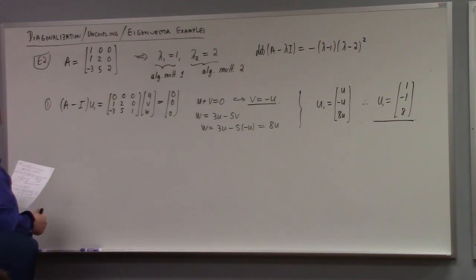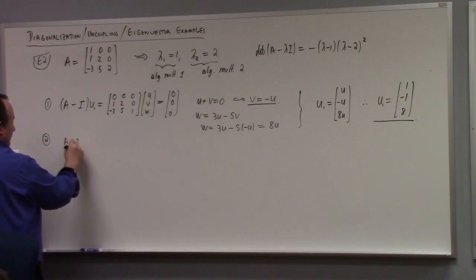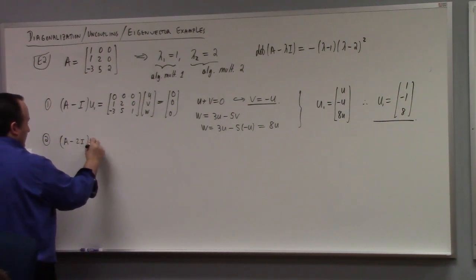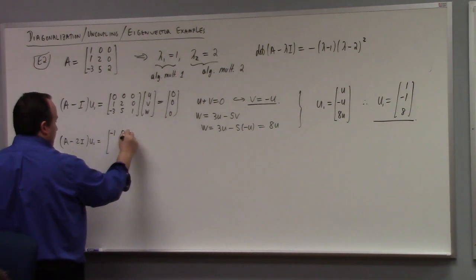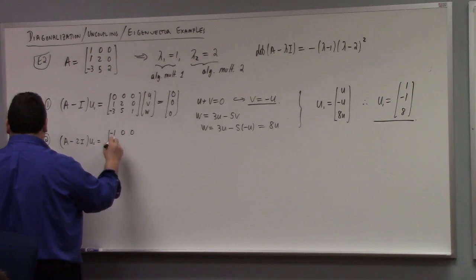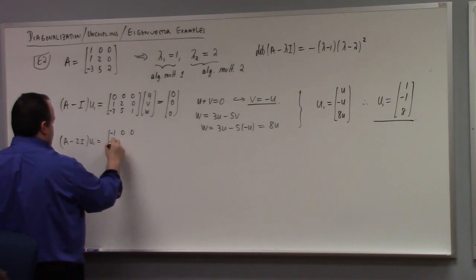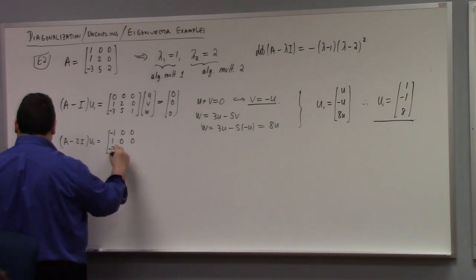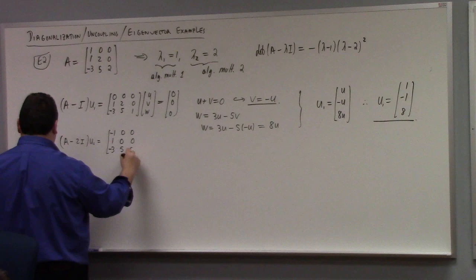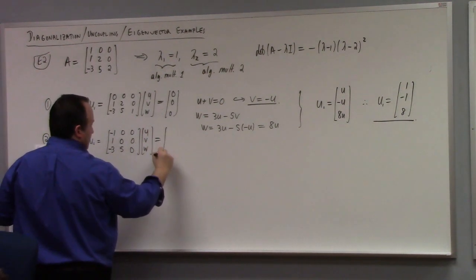Number 2. Let us look at the second eigenvalue. What's A minus 2I times U2? Well, that's going to give me minus 1, 0, 0, 1, 0, 0, minus 3, 5, 0, times UVW equals 0, 0, 0.